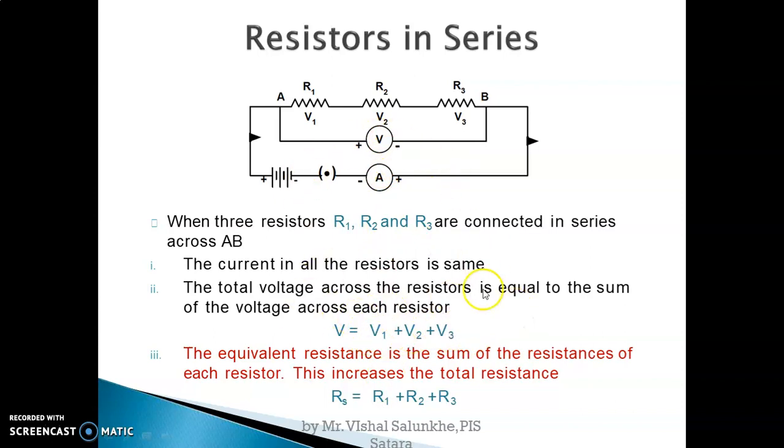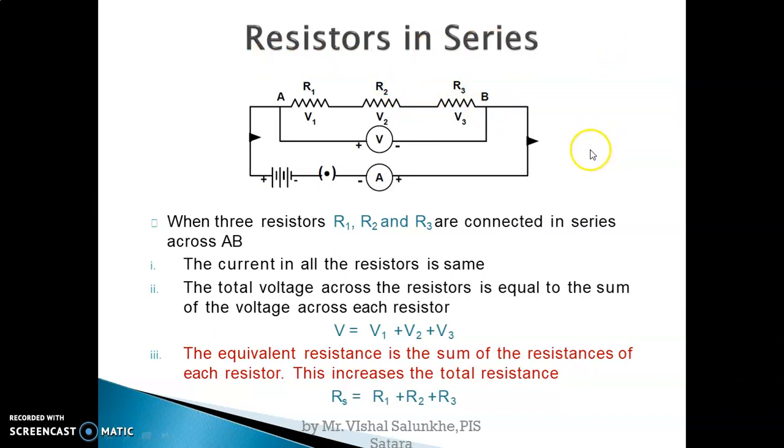From this, my dear students, remember this: the total or equivalent resistance in a series combination is always equal to the sum of the resistances of each resistor. If you want to find the total resistance in a series combination, simply add all three resistances. So we get the total or equivalent resistance in series combination.